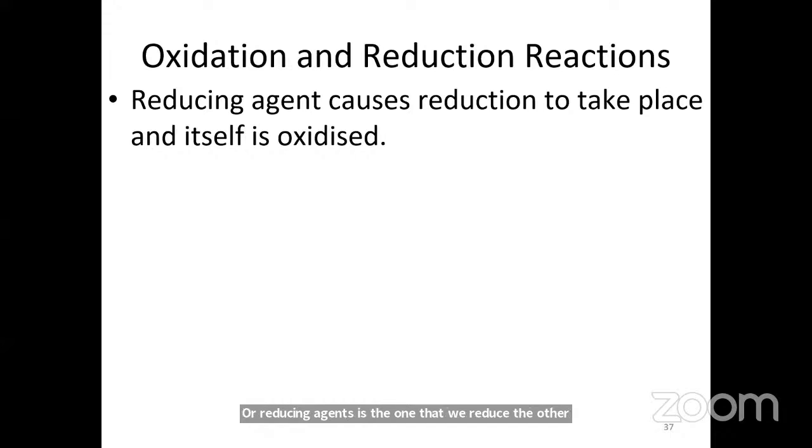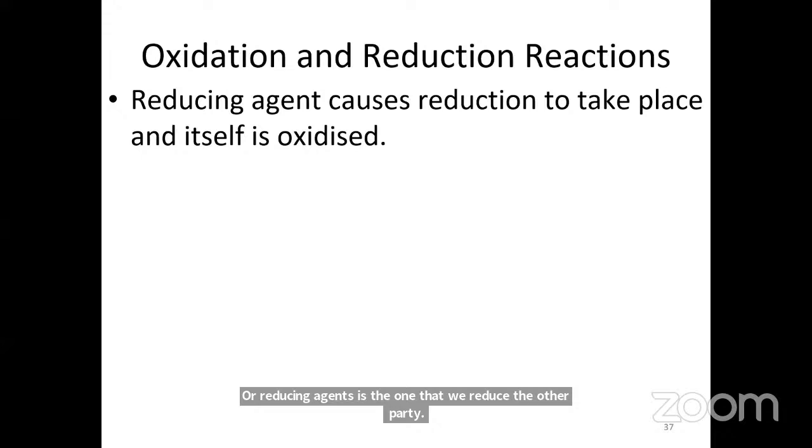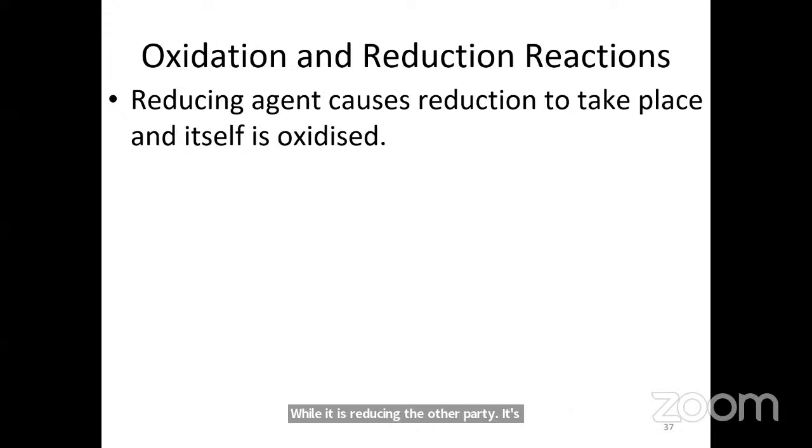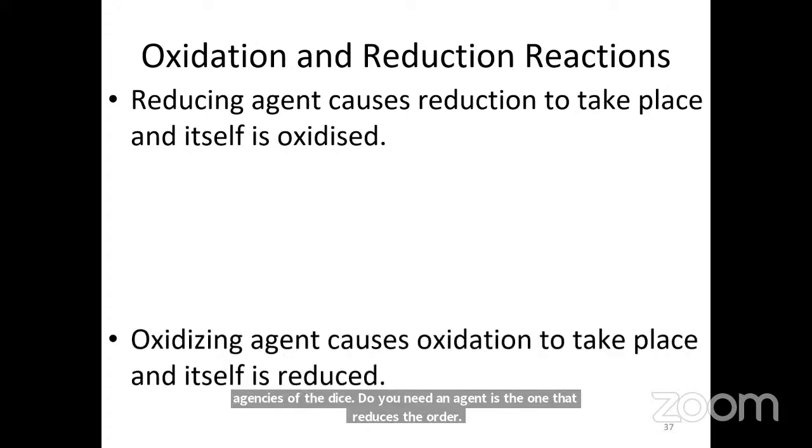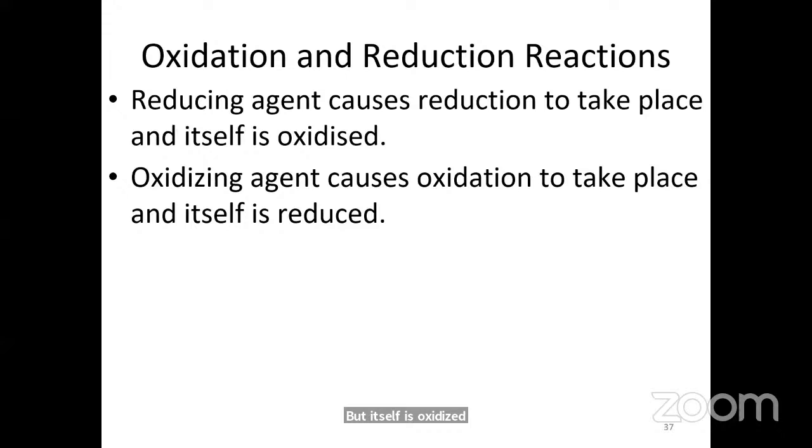While it is reducing the other party, itself is oxidized. Just take note, always, reducing agent is oxidized. Reducing agent is the one that reduces the other, but itself is oxidized. Oxidizing agent is the one that causes oxidation to take place while itself is reduced. I hope we are following.